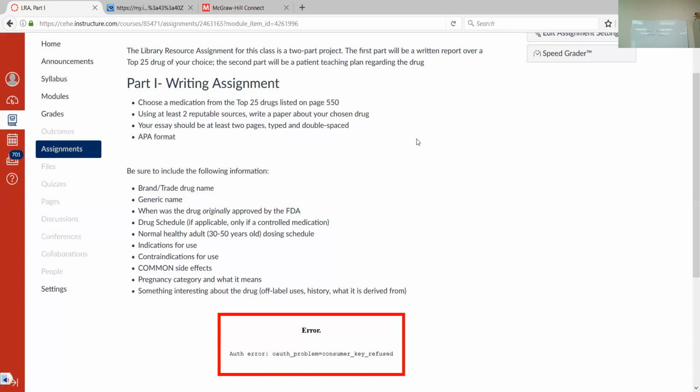Now, the difference between a generic name and a generic drug is that when a drug is developed, it's patented by the pharmaceutical company. It gives them a certain amount of time in which they can be the sole marketer.